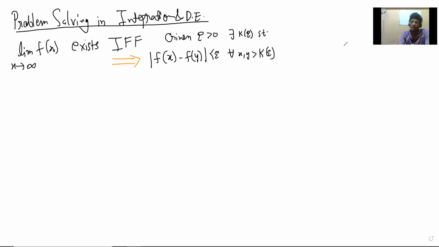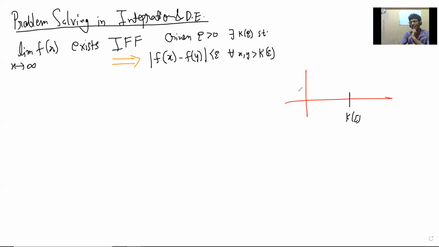But we want to show that that will not happen. I can understand what you're saying, but if k(epsilon) is large enough, then beyond that, f is in an epsilon band.